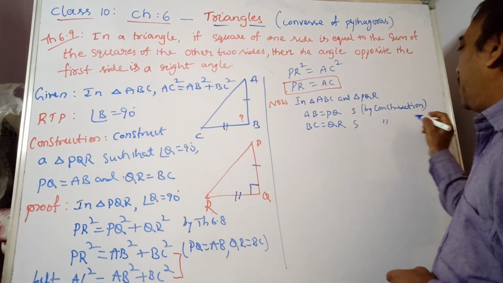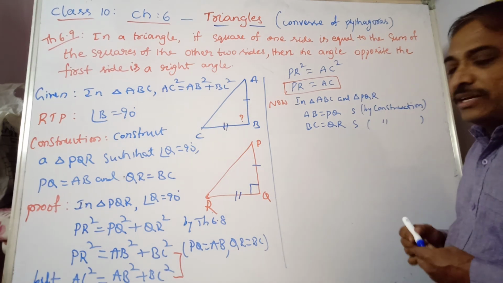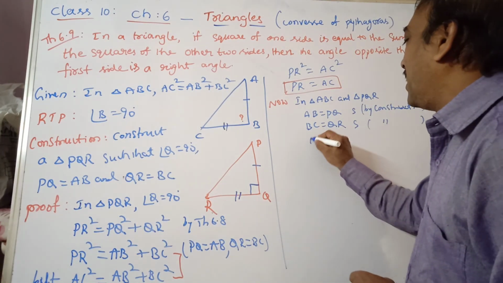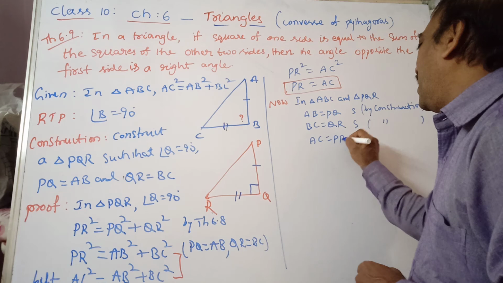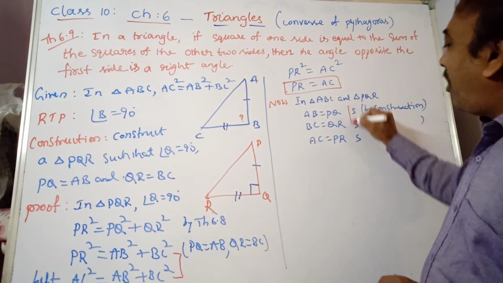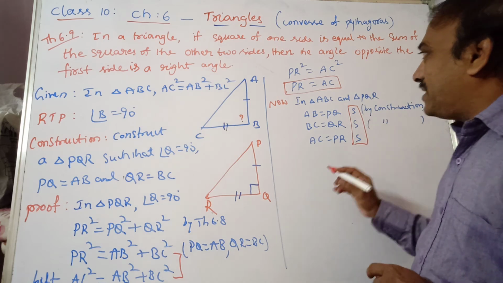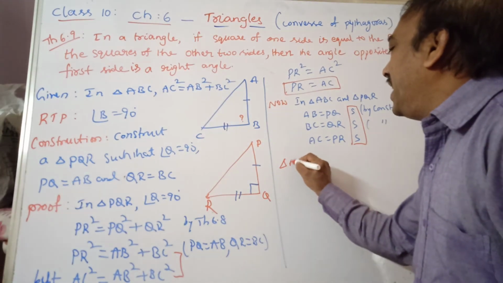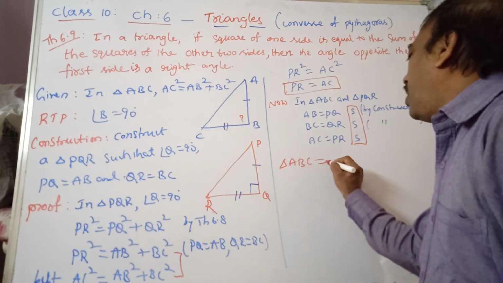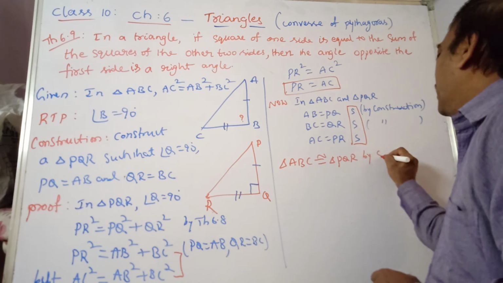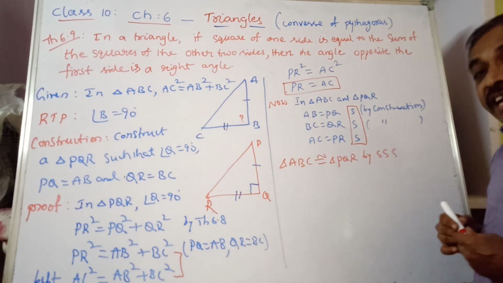This is also a side by construction. Next, we got PR is equal to AC. This is also a side. Now all three sides are equal, so triangle ABC is congruent to triangle PQR by SSS congruence criteria.